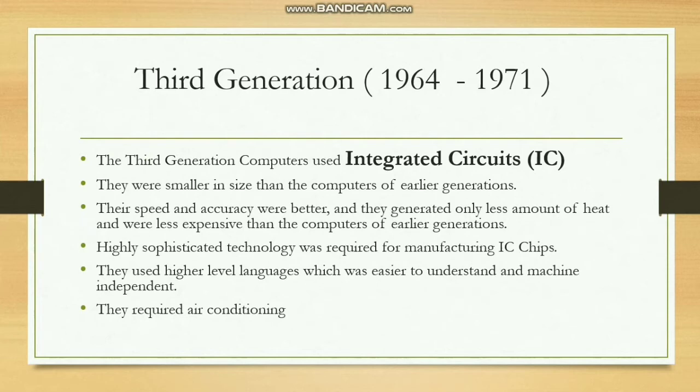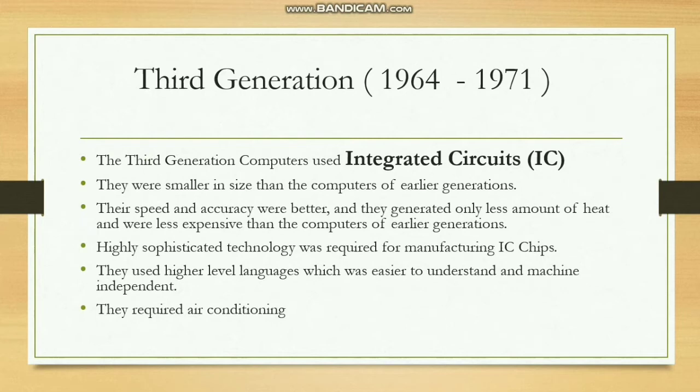The speed and accuracy were better and they generated only less amount of heat compared to vacuum tube computers and transistor computers. And they were less expensive than the computers of the earlier generations. That means the third generation computers were less expensive than second generation computers and first generation computers.